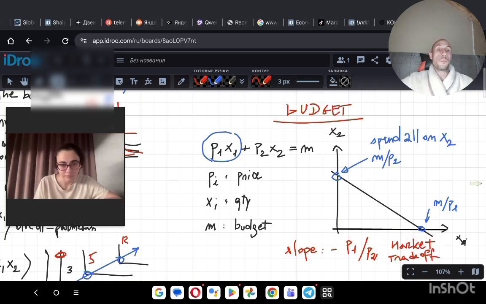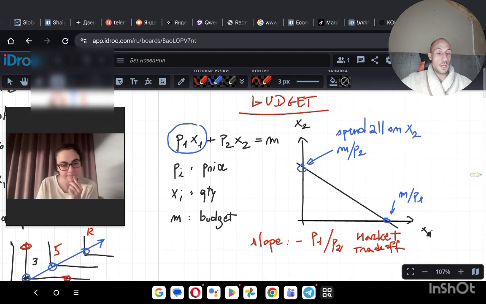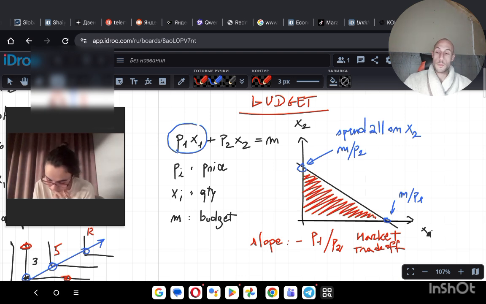And now, what is this area here? Actually, let me make it a different color.